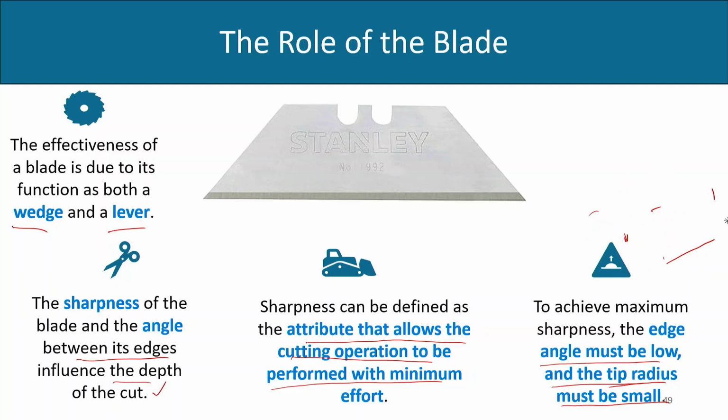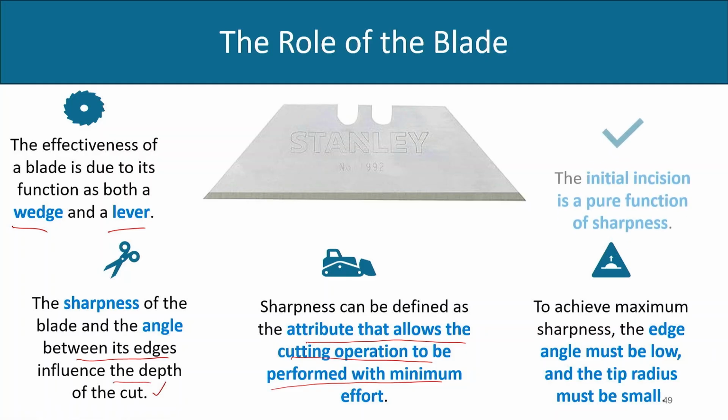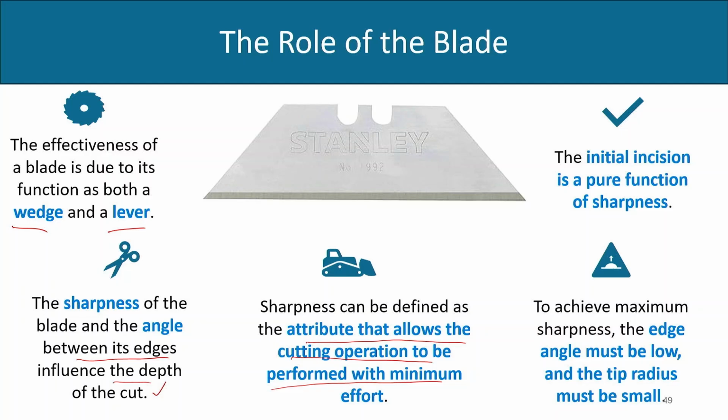So, sharpness mainly depends on two factors: the edge angle and the tip radius. The initial incision is purely a function of sharpness, so sharpness must be there for creating the slash.